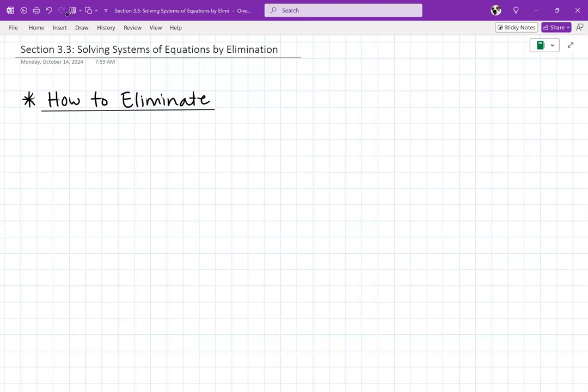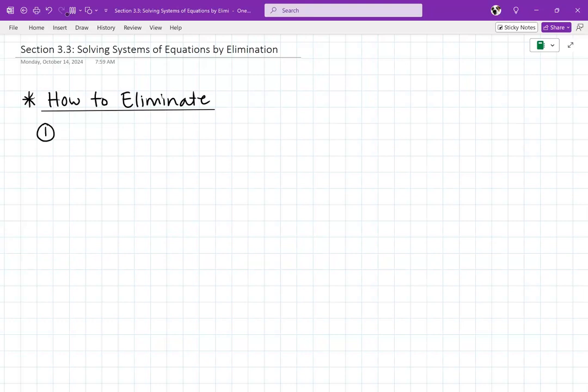How to eliminate. The very first step is what I call a lazy step. You can be a little bit smarter about it and look at the values and decide whether you should add or subtract by thinking about it first.